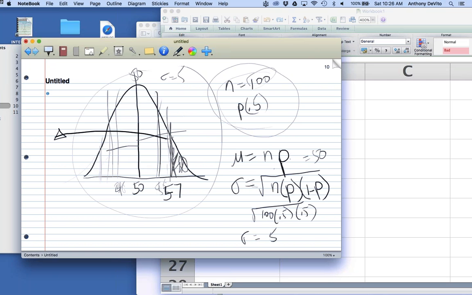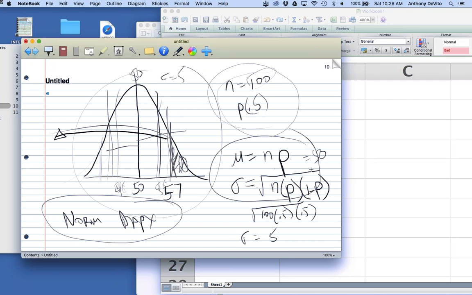You could calculate this probability using this normal approximation to the binomial distribution. If it comes up, you have a way of looking at this. If it doesn't come up, forget I ever mentioned this. Okay? So it's interesting. All you need to remember is these two formulas here, and you can apply them to any binomial distribution.